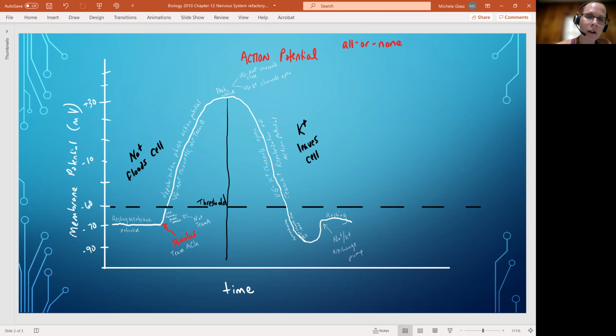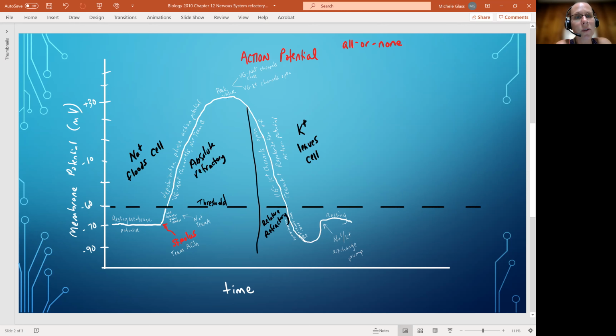Let me redraw this line. So we're going to actually come over a little bit, maybe about here. We have our absolute refractory, and then we have our relative refractory period.